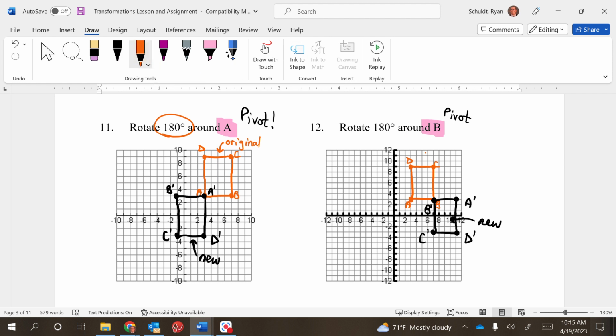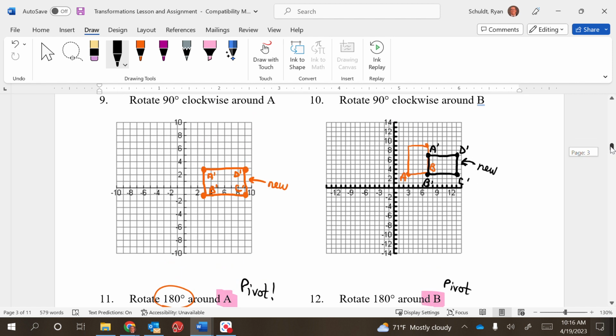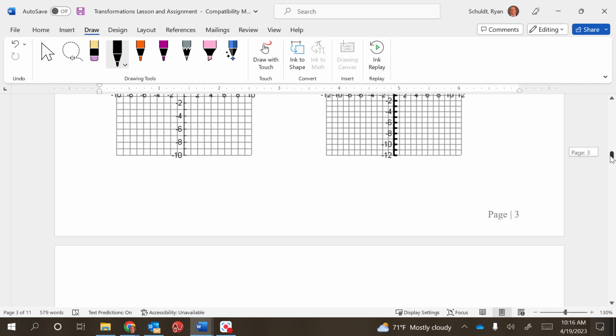This one is the original. Okay, so that's rotating. You have to rotate around a pivot point. In this case, they were telling us either A or B.